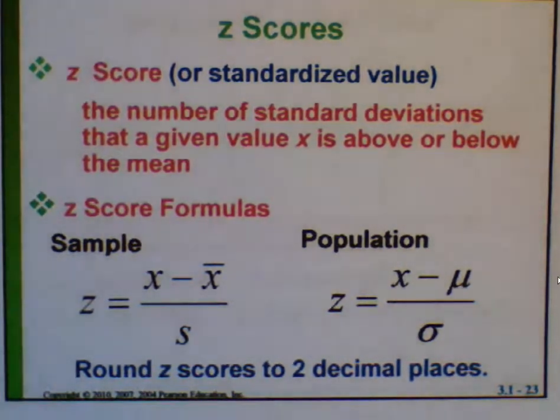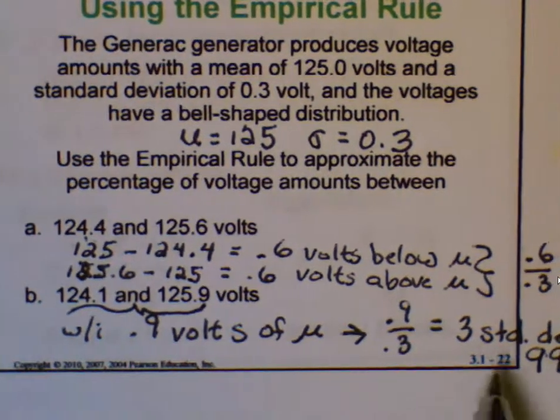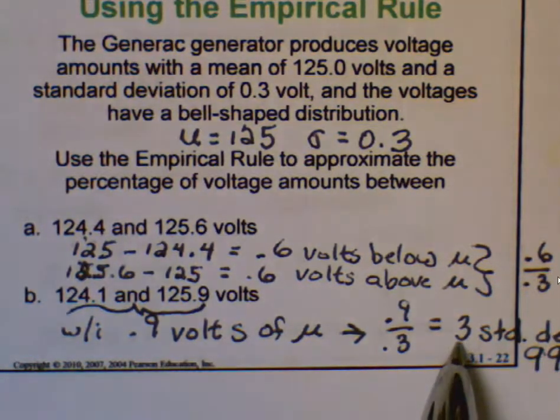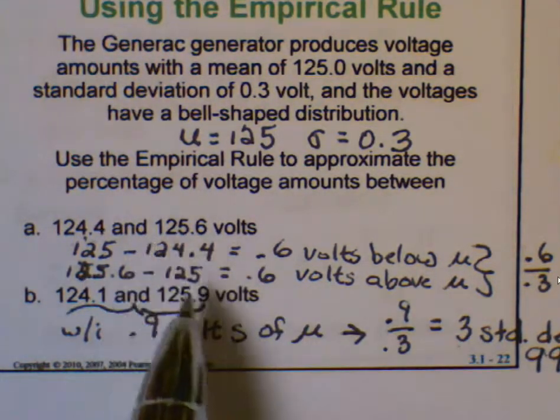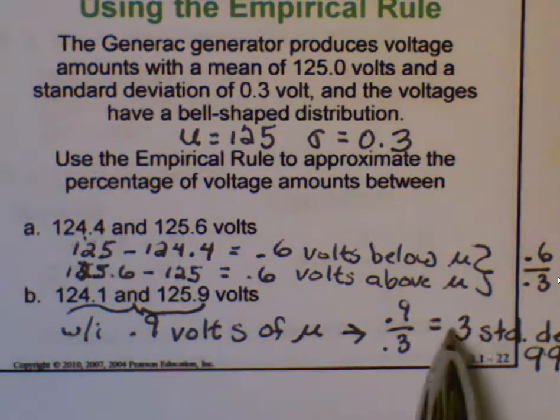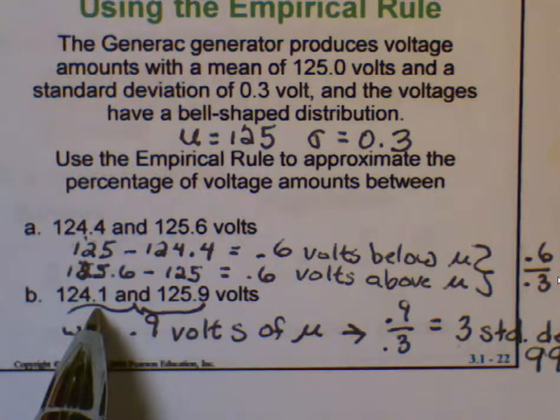On the previous slide, when we said that 125.9 is 3 standard deviations above the mean, I didn't tell you at the time, but that means that 125.9 corresponds to a z-score of 3. 3 standard deviations below the mean is going to correspond to a z-score of -3.